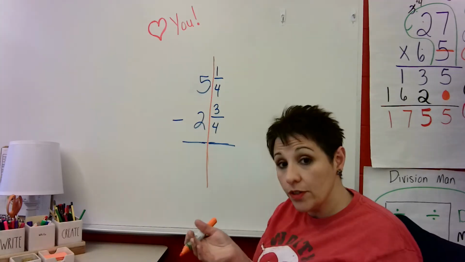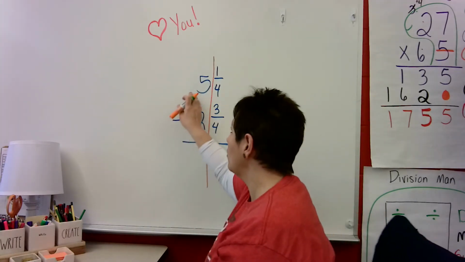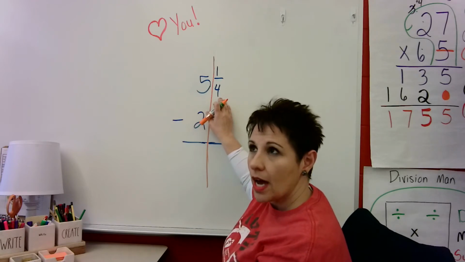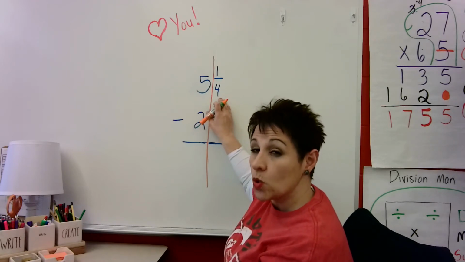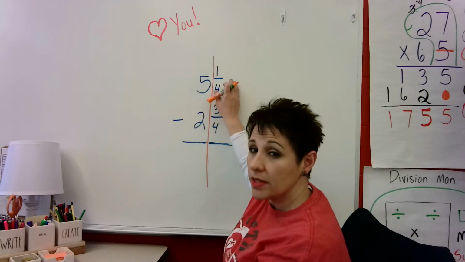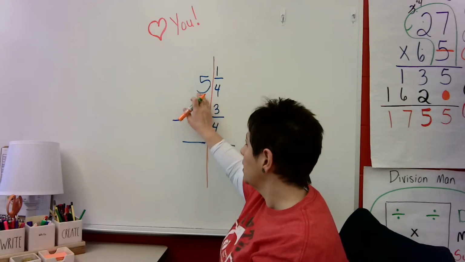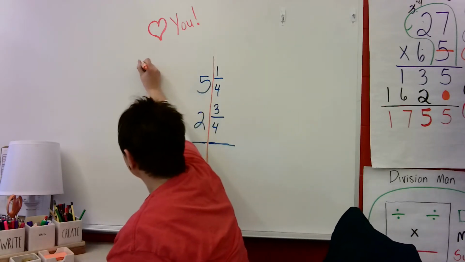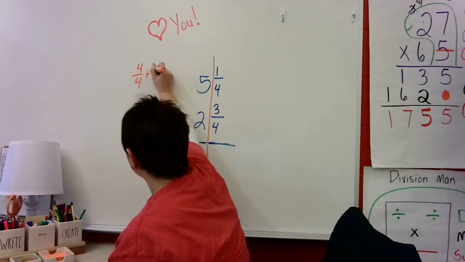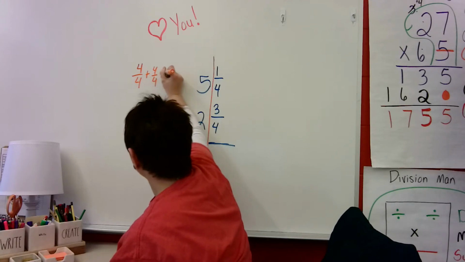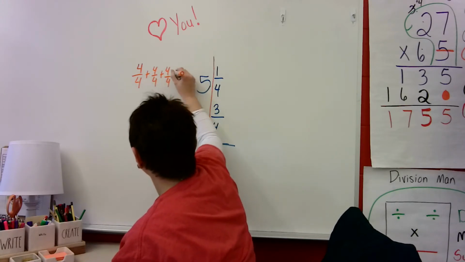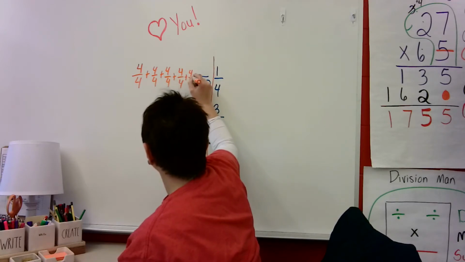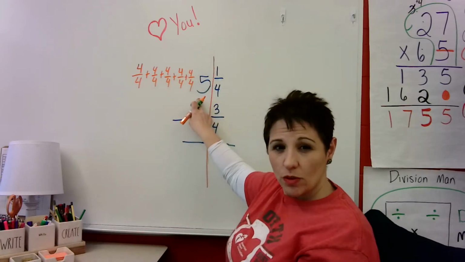Well, that gets a little confusing with fractions. So if you think about your 5, my denominator is 4. So I can make a fraction that's equivalent to something in the fourths. 5 wholes. So if I say 4/4 plus 4/4 plus 4/4 plus 4/4 plus 4/4, doesn't that equal 5?